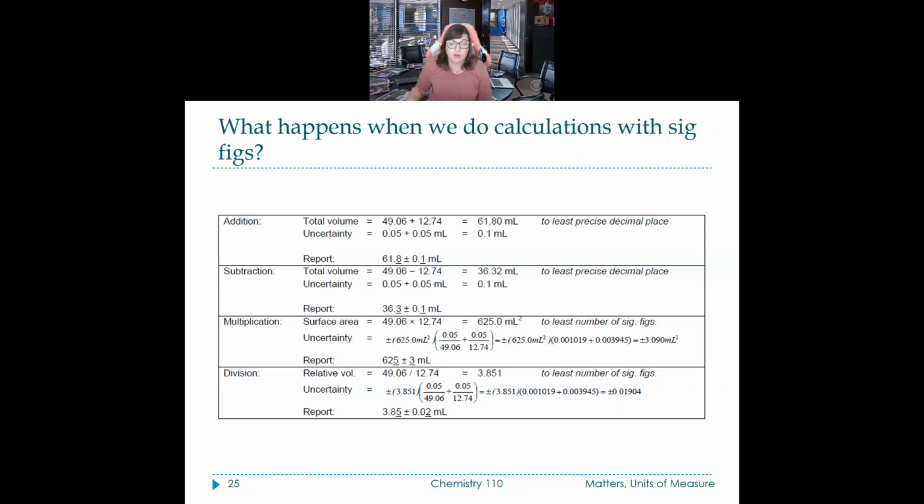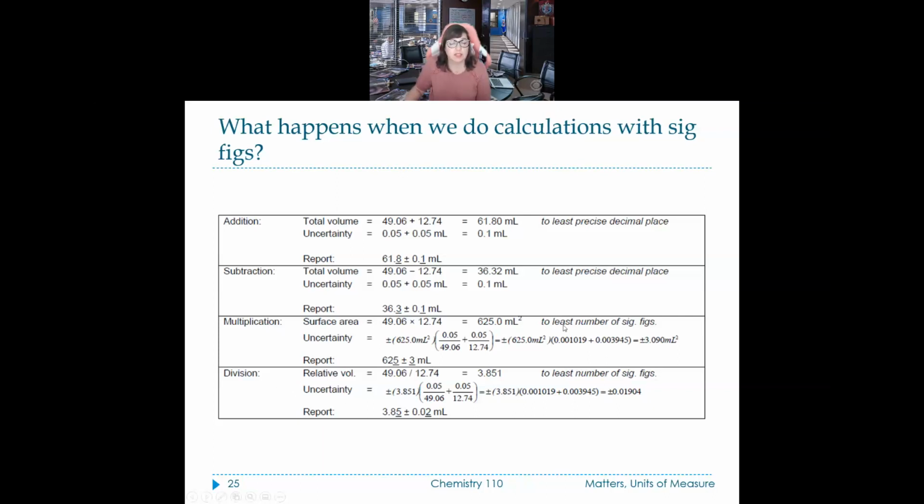But if I have 12.6589 plus 12 plus 6.8, I can't be any more accurate than 6.8. I can't develop accuracy in that calculation. So we have to limit by the number that has the least places past the decimal point. So for addition and subtraction, it's the least precise decimal place.